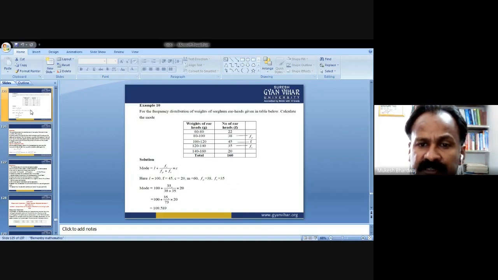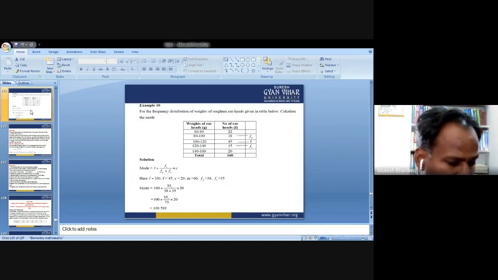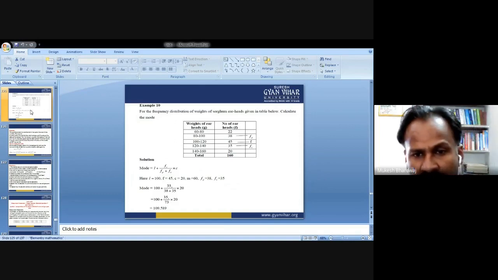Fp equals 38, that is the frequency preceding the modal class, and Fs equals 35, the frequency succeeding the modal class.